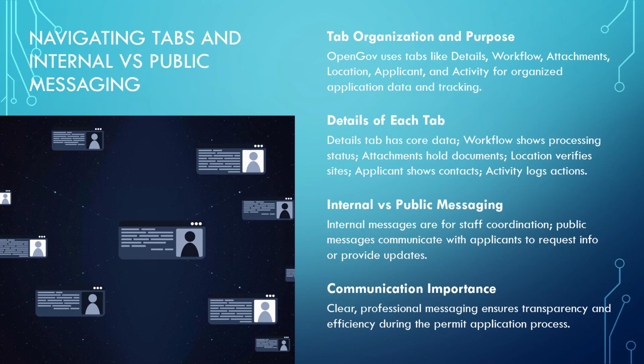Within OpenGov, application information is organized within several tabs: details, workflow, attachments, location, applicant, and activity. Each tab serves a specific purpose. The Details tab contains core application data, while Workflow shows the status and steps for processing.